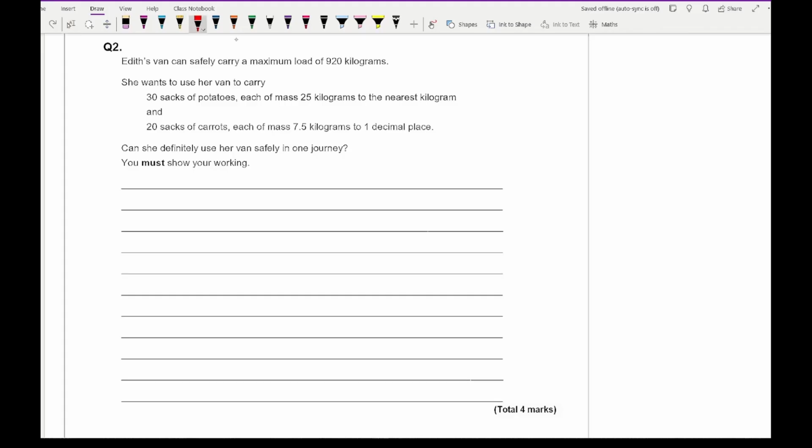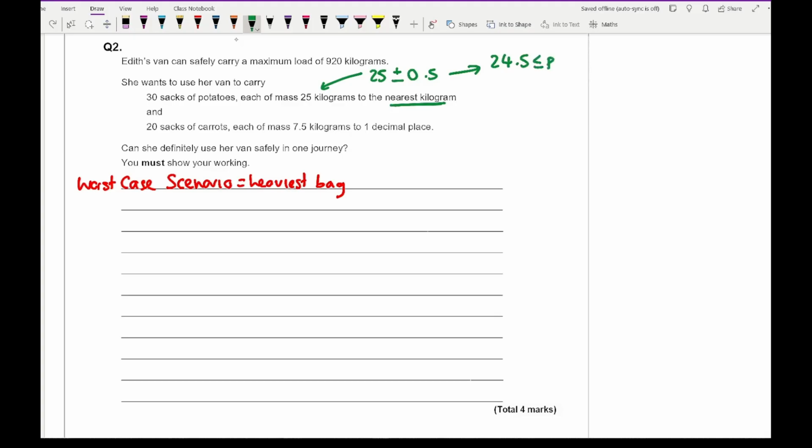Now, the worst case scenario is having the heaviest bags. If I look at the rounding of each of these, 25 to the nearest kilogram is going to be 25 plus or minus half of 1, so it's going to be 0.5. So the lower and upper bounds are going to be 24.5 and 25.5.